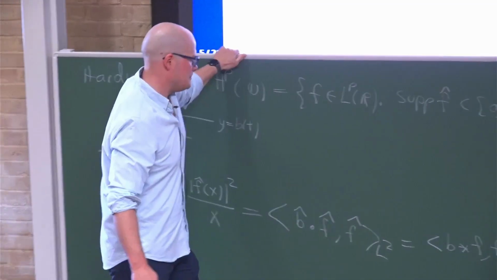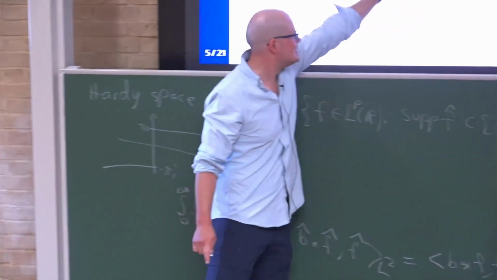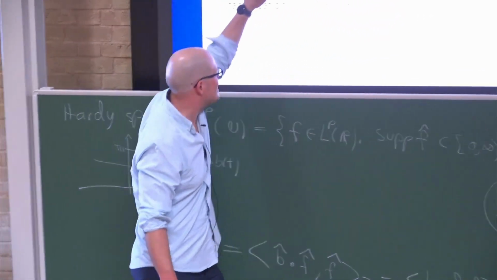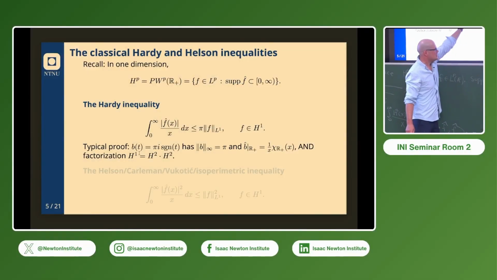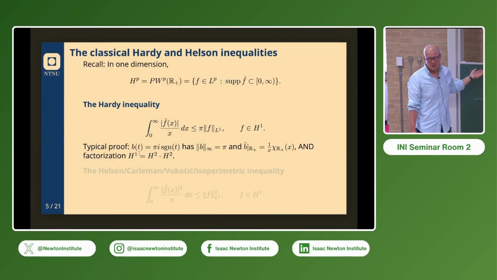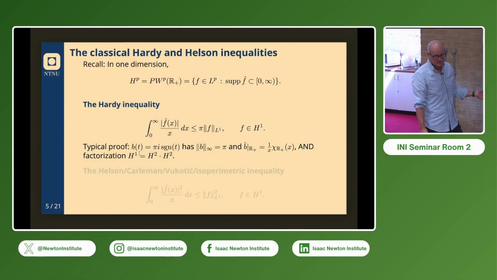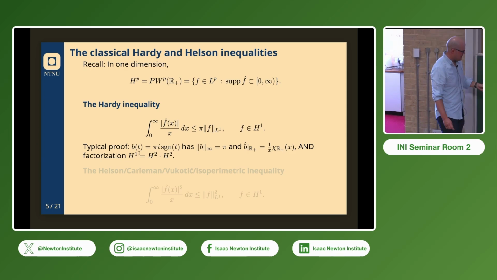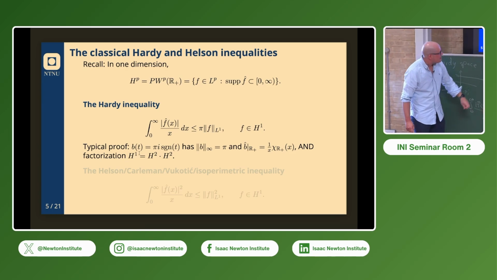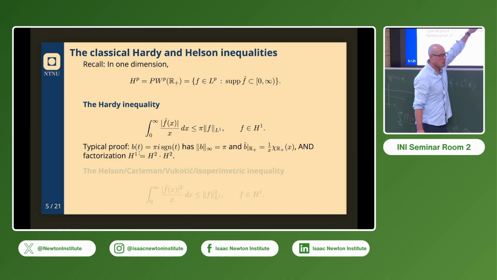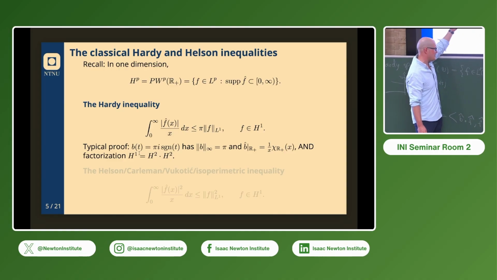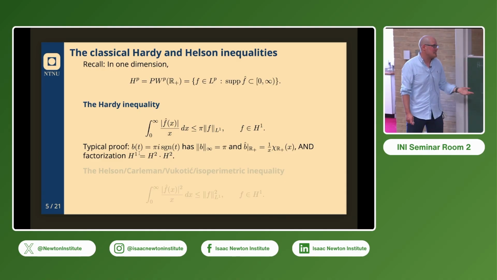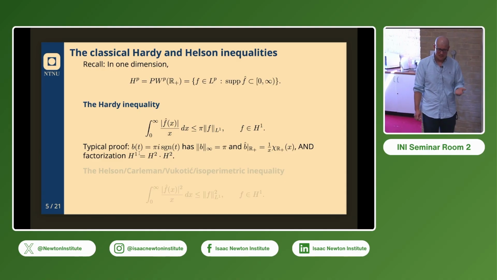So you get this inequality, but with a different homogeneity, by knowing that you have such a symbol b. And then to upgrade it from the inequality I wrote with the square to a power 1, you typically use this factorization: any H^1 function can be written as a product of two H^2 functions, and then you do Cauchy-Schwarz.